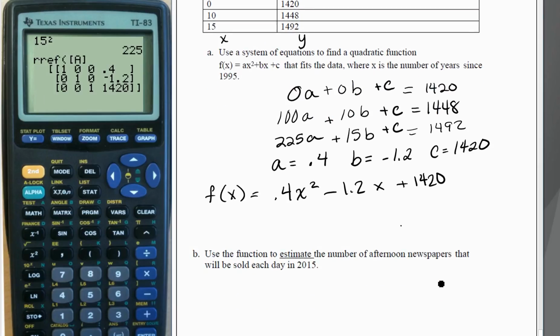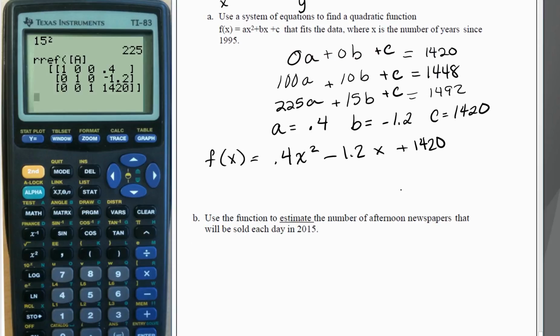Okay, and this says use the function to estimate the number of afternoon newspapers that will be sold each day in 2015. Now, who knows if this model really works, because we know that in 2015 newspapers aren't very popular, but we'll see. So 2015 is 20 years since 1995, so we want to do f of 20.